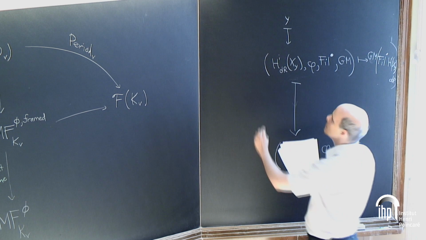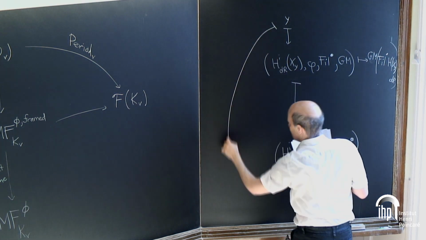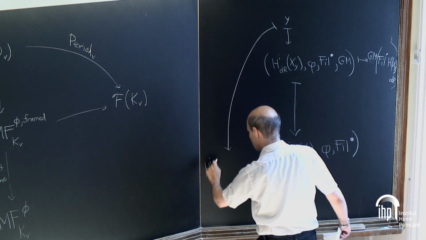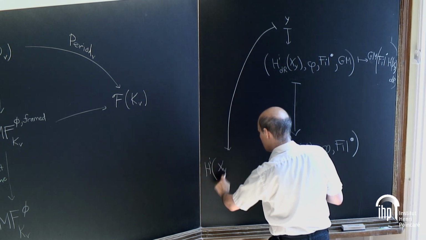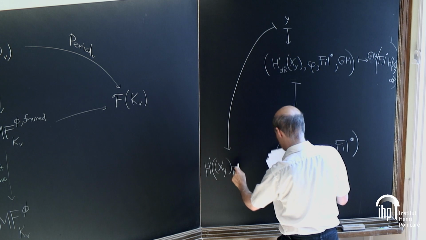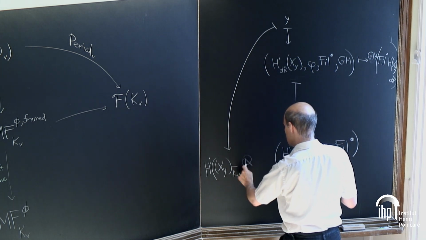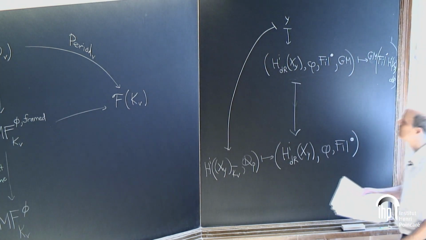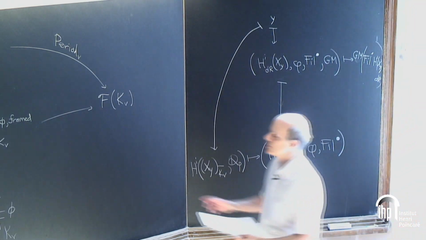And then going this way would be the étale cohomology. So this would be giving me the H^i of X_Y, K-bar, Q_p, which maps here via decrease.